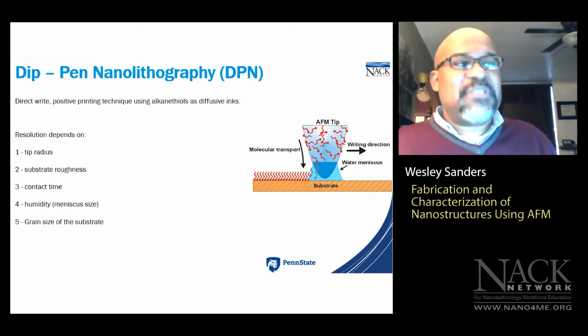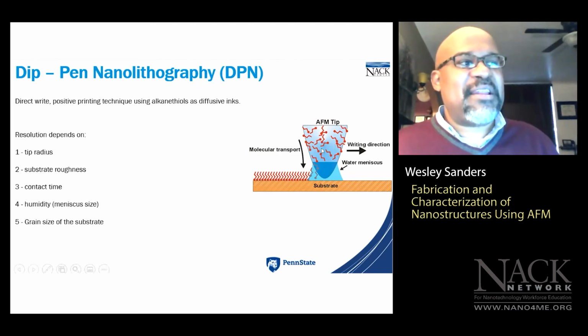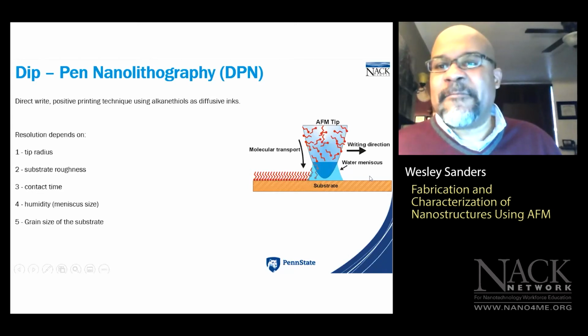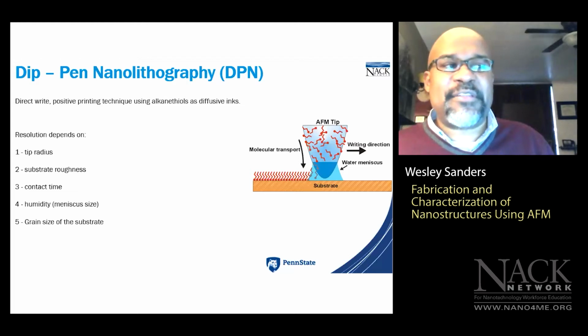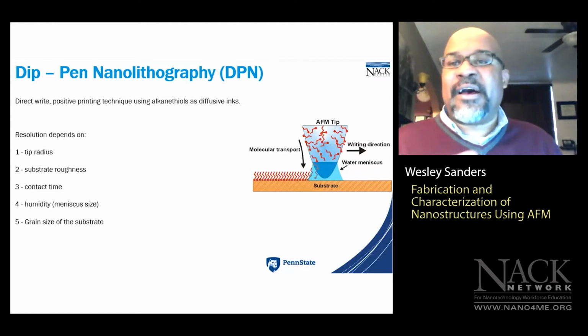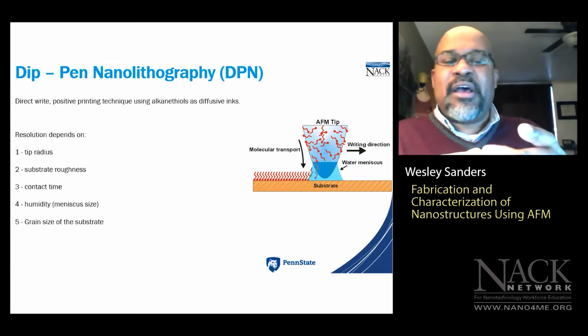So in order to deposit an alkane thiol ink using dip pen nanolithography, you need to use a flat, smooth substrate.